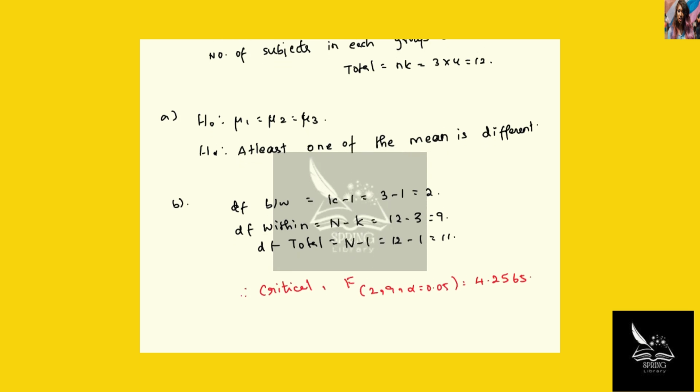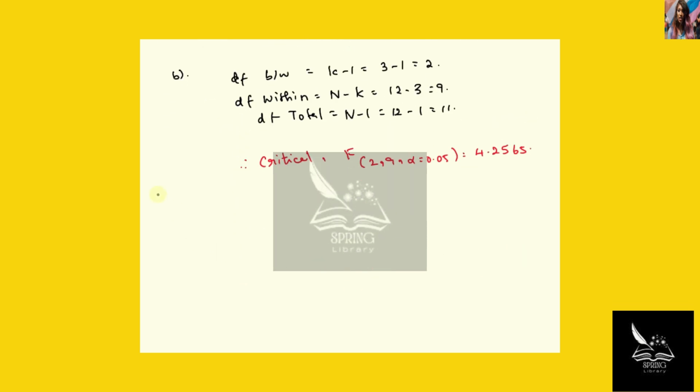Then we need to find the ANOVA table. For this, first we need to find the grand mean, X bar, which is equal to 3, and the SS between is equal to 32.